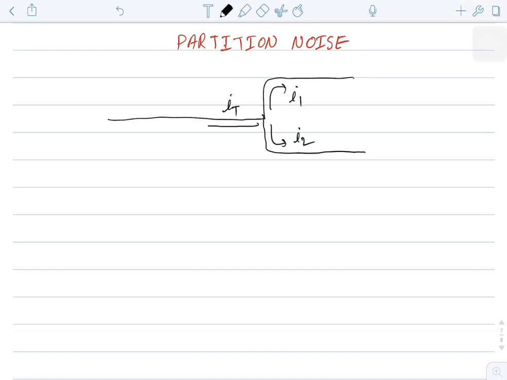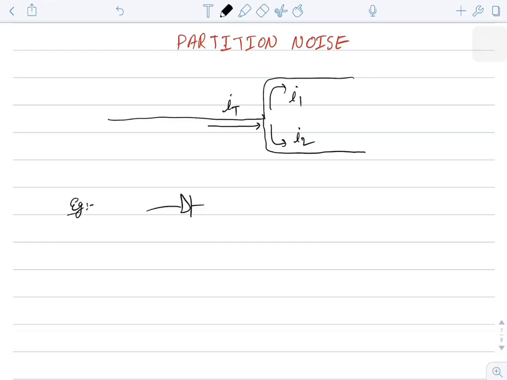During this process, the electrons which are available up to this point on the conductor will randomly move in two different directions, due to which the partition of electrons will take place, and this partition is very random in nature. If the partition is random, definitely the current flowing in these two wires is also random in nature, which results in a random voltage or fluctuation in these two wires, and this type of noise we call as partition noise.